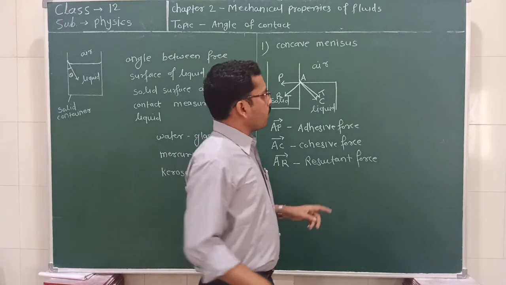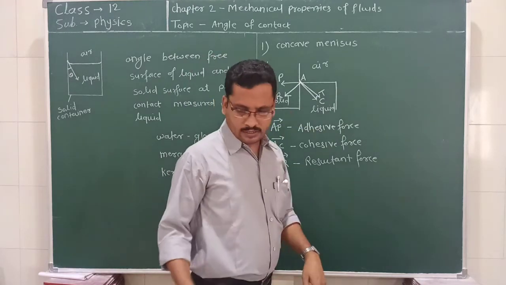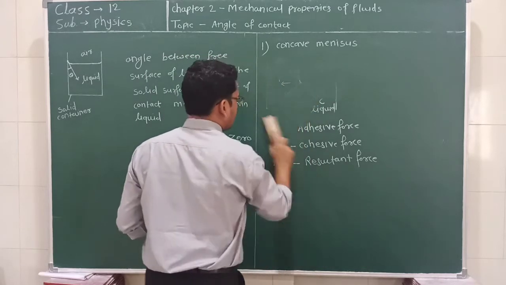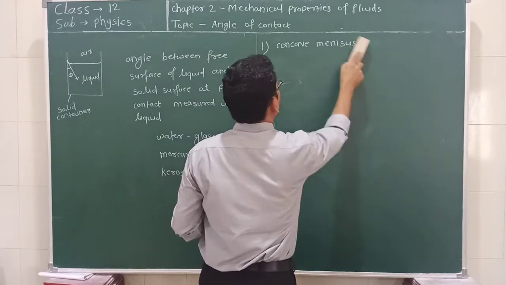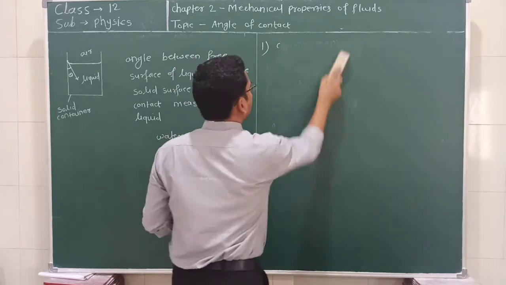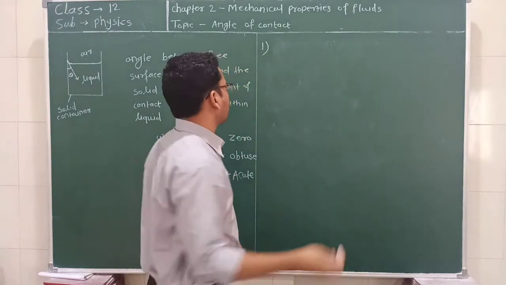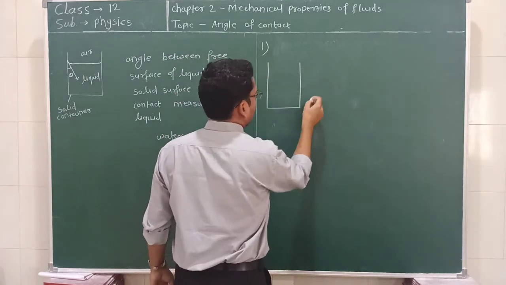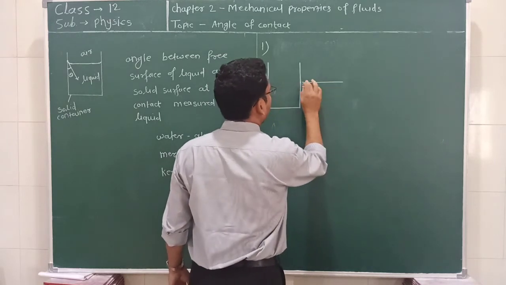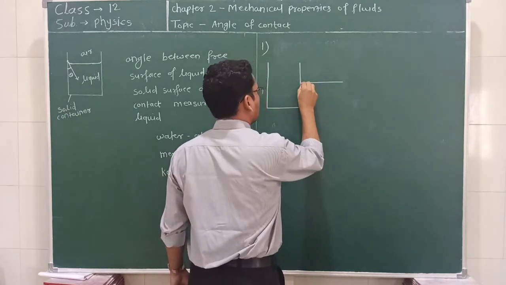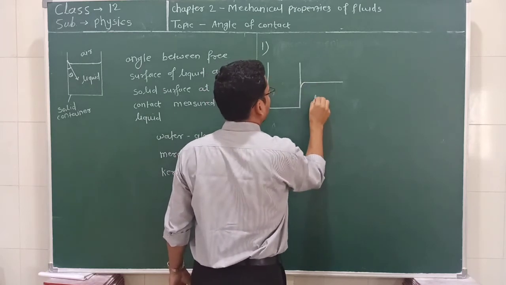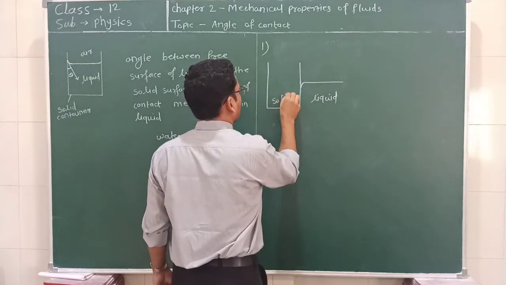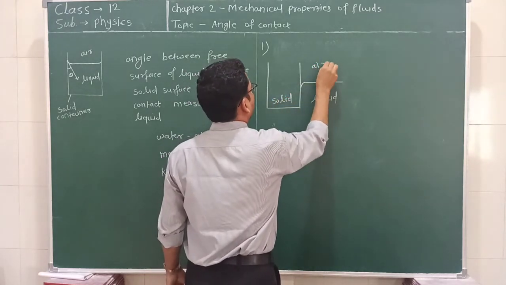Now if we take the convex meniscus, what happens? Let's see. Consider this again a solid surface, this is the liquid surface, and this is air.